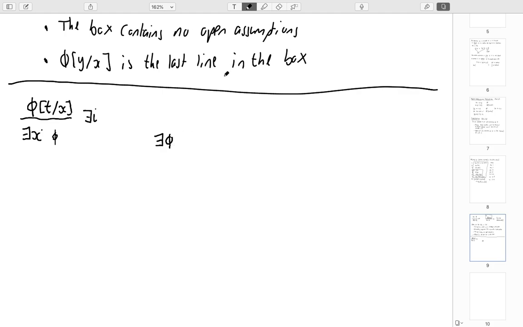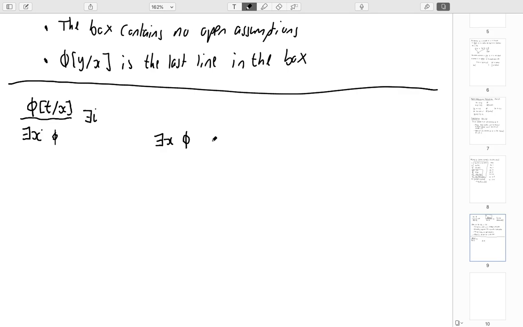Oh dear, that was supposed to be an x. So this is one formula, exists x phi.